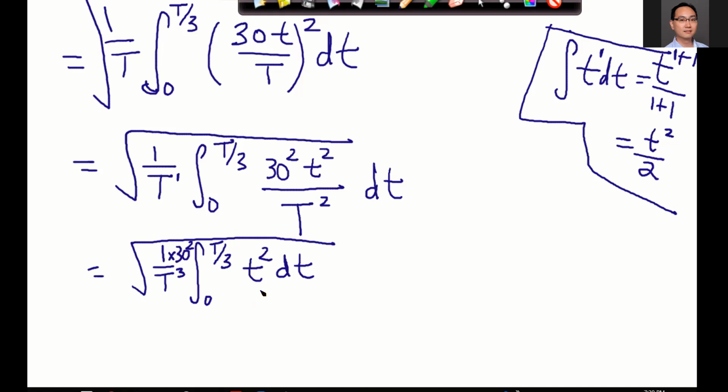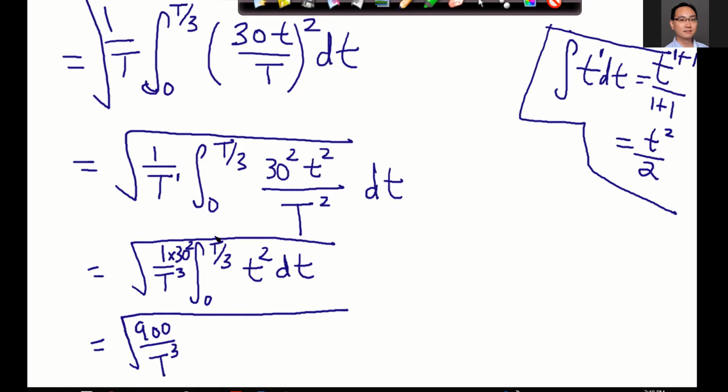If I continue one more step, so anybody can help me, what is 30 square? 30 times 30. 900. Yeah, okay, very good. So I'm going to put 900 here, and then I put T cubed at the bottom. Now then I'm going to start to do the integration.